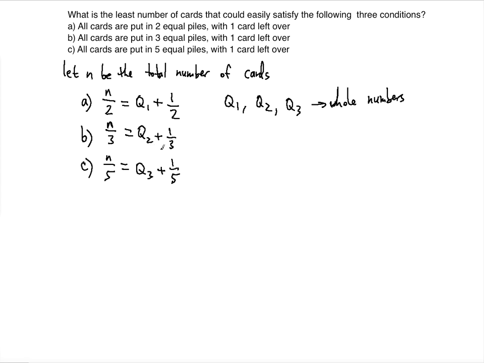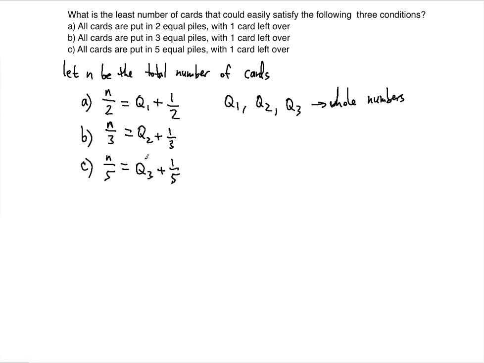Now notice something interesting. If we choose the n that divides evenly by 2, 3, and 5 to give us a whole number on the left side in each equation, it will not satisfy the fact that we have to subtract the fractions from that whole number. As a result, the quotients will not be whole numbers.